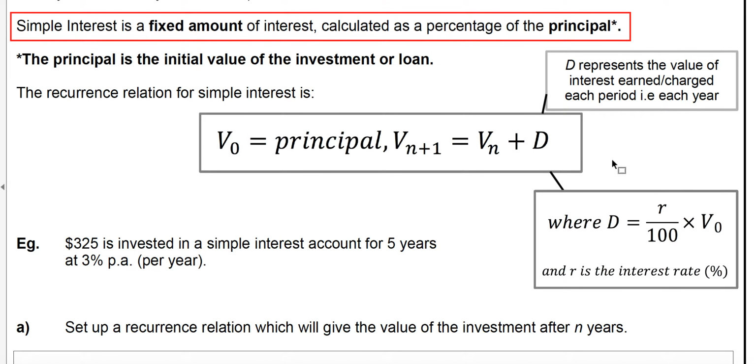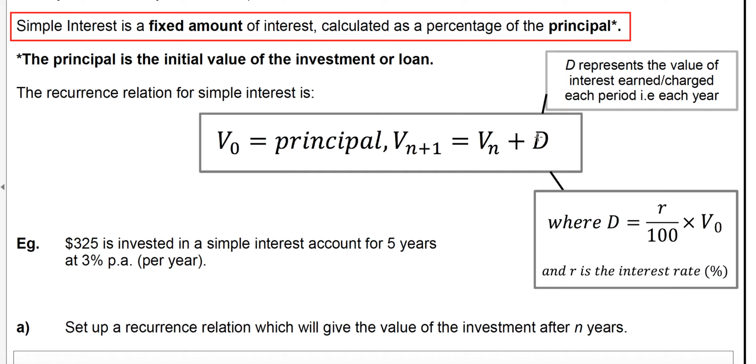Now, a recurrence relation for simple interest is as follows. The starting amount is that amount that you put in to the account or the amount that you borrowed. Here we call that the principal, the starting amount. To get the next value in the investment or the next value in the loan, say that you owe, you take your original amount, or you take the amount that you have currently, or VN, and you add an amount to it.